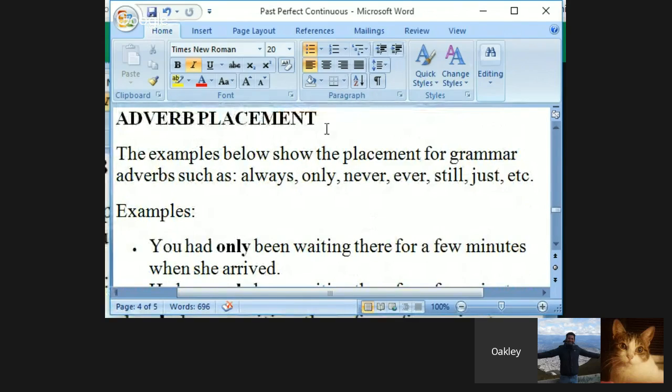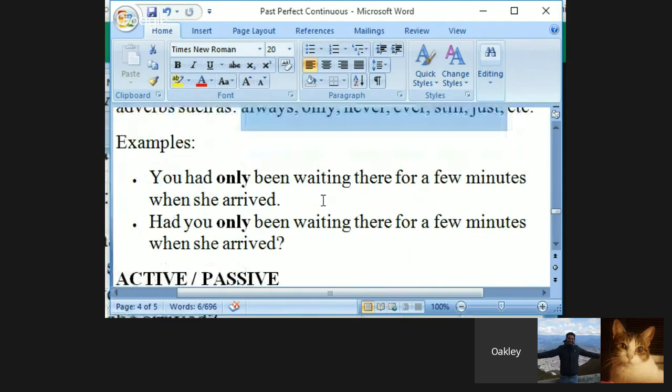All right, a quick note about adverb placement. Adverbs that show frequency or duration, like always, only, never, ever, still. It may be possible to move them around within the sentence structure. However, if you want to be right, again, remember the not in the negative sentence goes behind the first auxiliary.